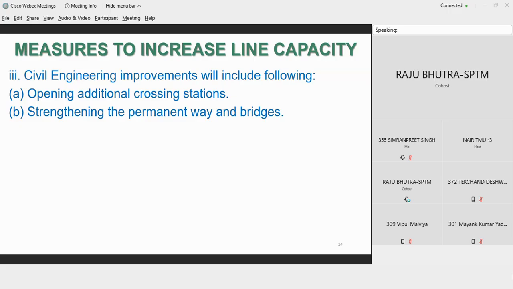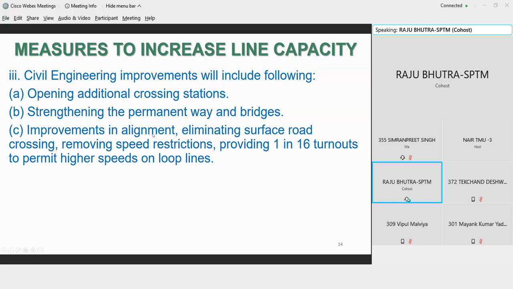Then strengthening the permanent bridges. Once we strengthen the P-way and bridges, our speed restrictions will go down and the time taken in the critical block section will be reduced. Then improvements in alignment, eliminating surface road crossings, removing speed restrictions, providing 1 in 16 turnouts to permit higher speeds on loop lines.